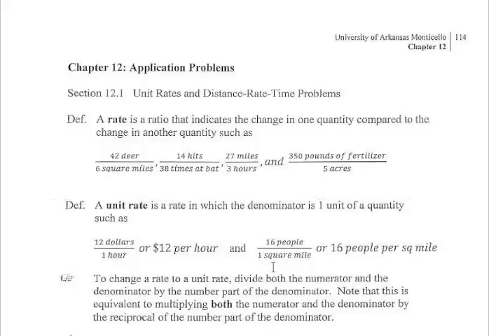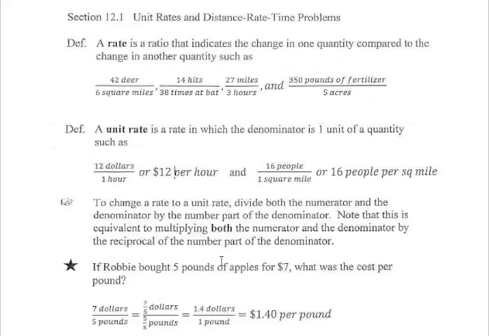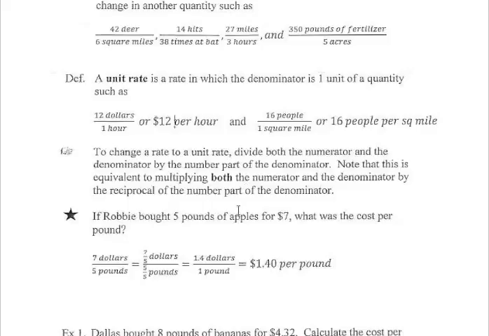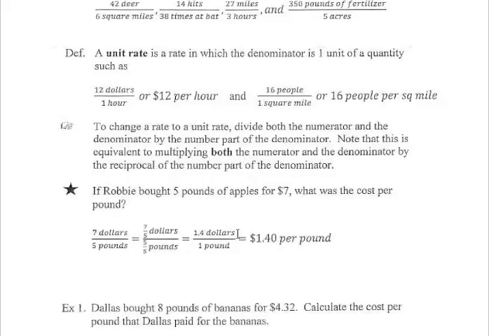And this other one, 16 people per 1 square mile, is a unit rate because we're comparing it to a single square mile in the denominator. The definitions are pretty simple, but this is the basic thing we're going to be dealing with in this chapter: rates and comparing one rate to another.